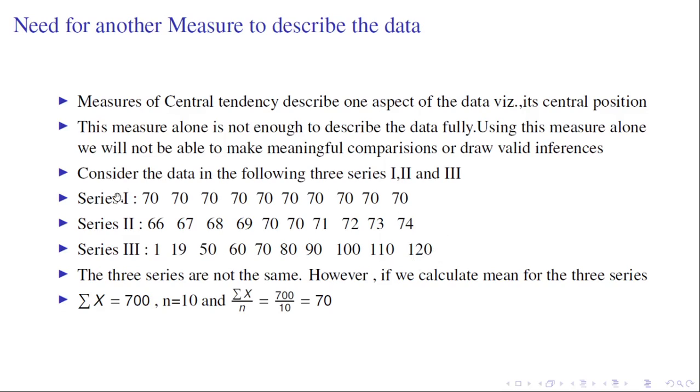So if we did not know the data, all three series have equal mean. So the mean does not describe the data completely. It should be supported and supplemented by other measures, namely measures of dispersion.